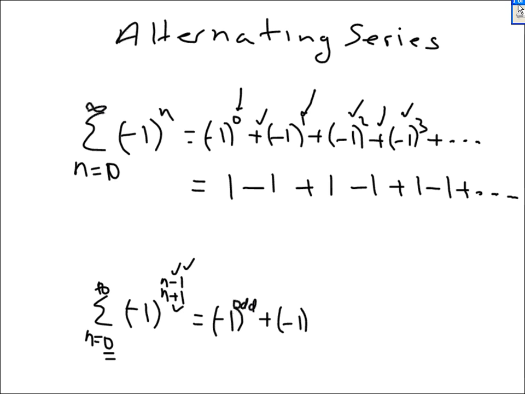1 minus 1 is 0, which is even. 1 plus 1 is 2, which is even. The powers are going to alternate between odd and even.